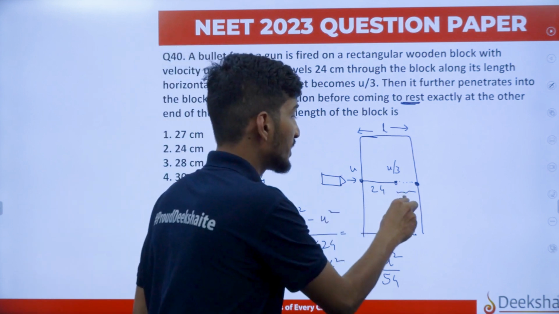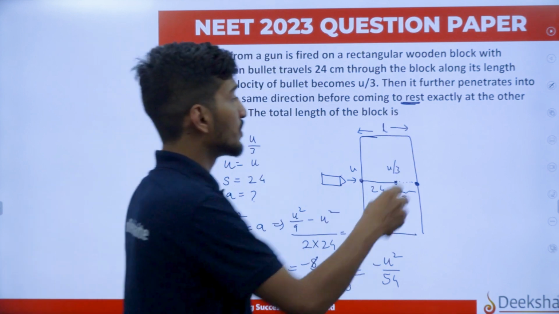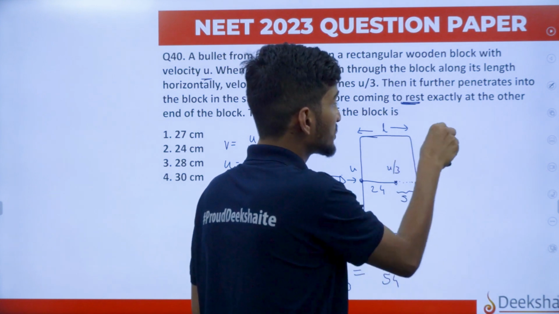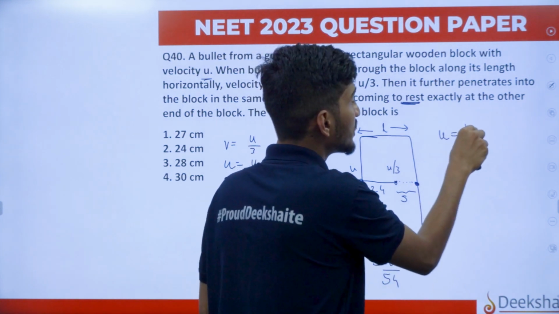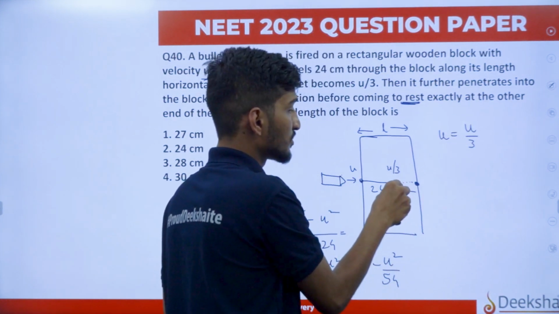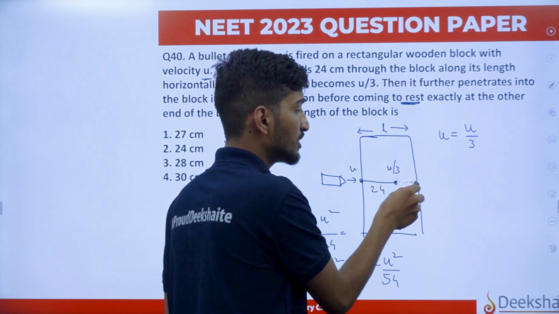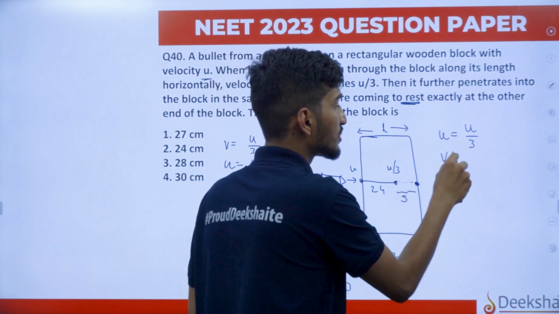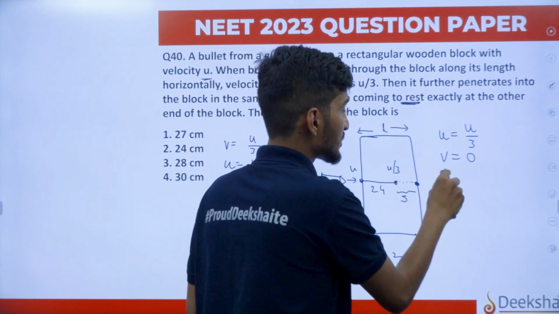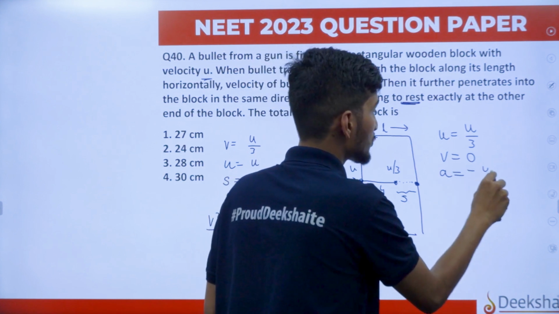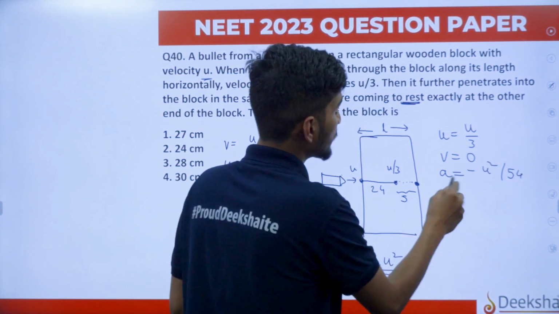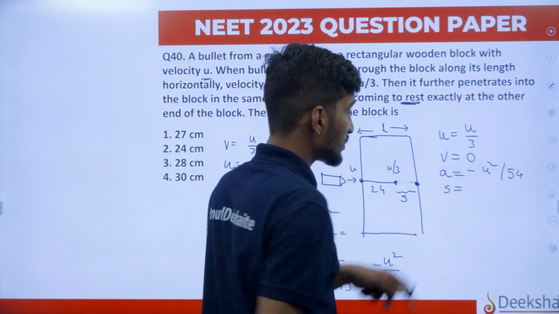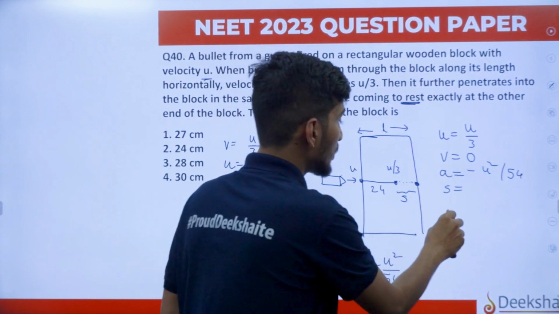Okay, so how do I find out this distance now? Well, for this part of the journey, initial speed is u by 3. Notice, I start here, initial speed is u by 3, final speed, I stop here, so final speed is 0. Acceleration again going to be same, so minus u square by 54, and then for this I need to calculate the distance. So how do I do that?